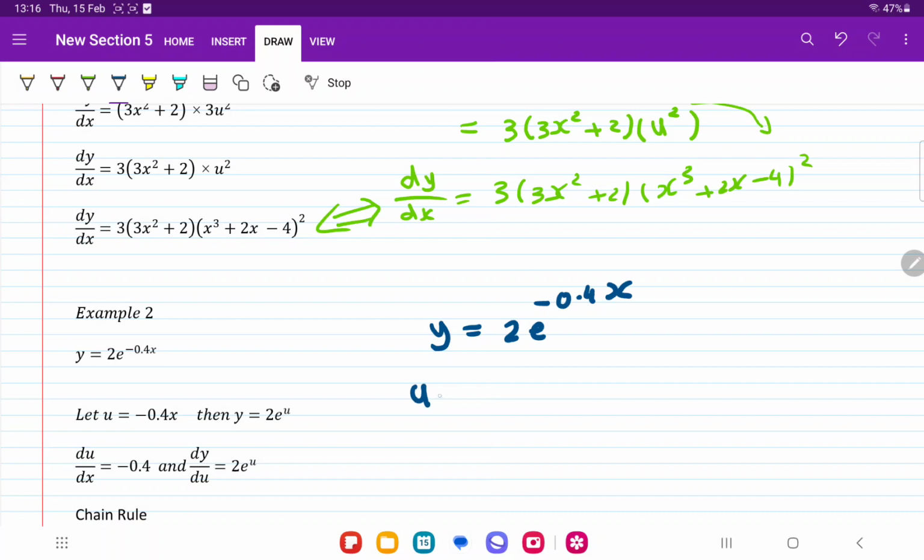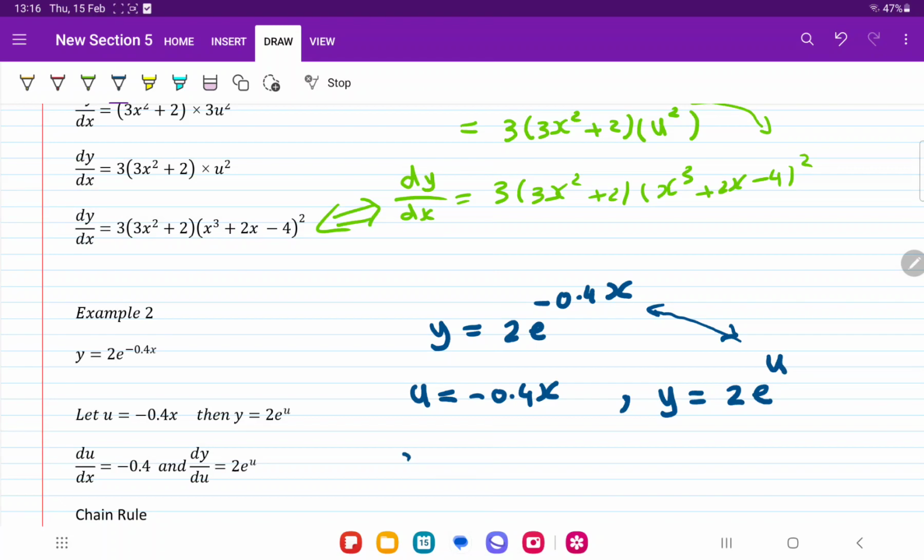This time u is going to be equal to negative 0.4x, the value of the power. So if that's u, y will be 2e to the power u. Okay? All we did is replace negative 0.4x by u.